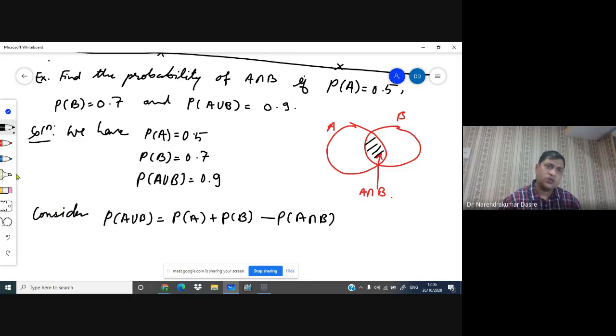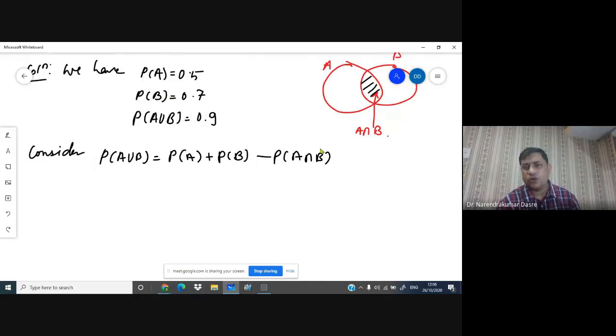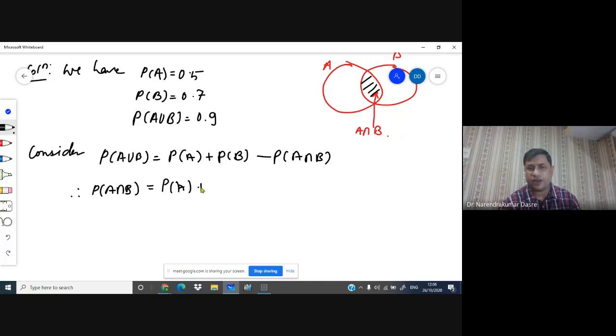These figures we know. What we don't know is this figure, and that's why we want to calculate the probability of A intersection B. So I can take it to the other side and write probability of A intersection B is equal to probability of A plus probability of B minus probability of A union B.